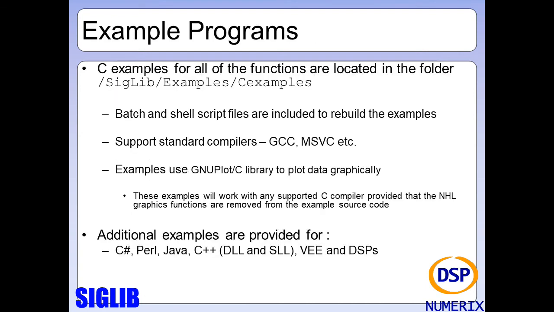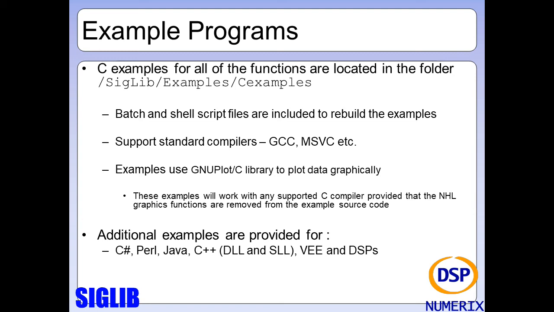As I described in the introduction, SigLib is provided with a large number of example programs. There are examples for every one of the SigLib functions provided in the folder siglib/examples/c-examples. Within that folder, there are batch files for building the examples. The C examples will actually recompile with any compiler, as long as you remove the graphics functions first.